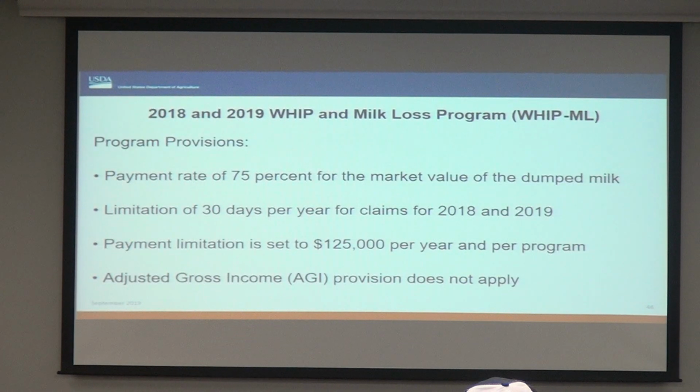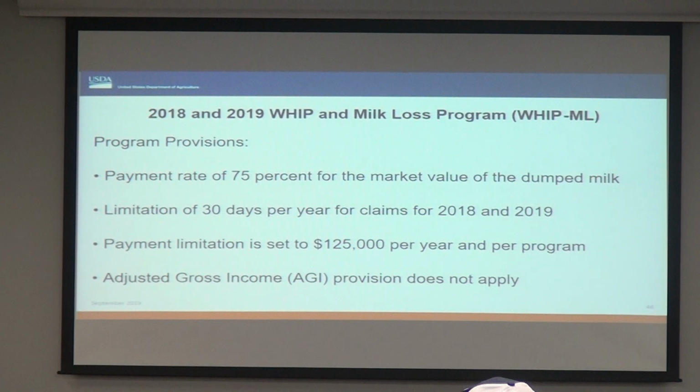And the program provisions: it's 75% of the market value of the dumped milk, and a national payment rate is going to determine that market value during the time period that the milk was dumped. Limitations are 30 days for claims in 2018 and 19. You're limited to 30 days for 18 and 30 days for 19.